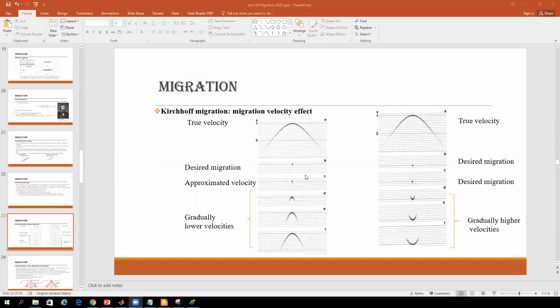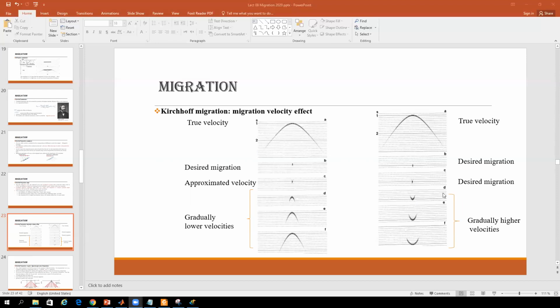And if we have the appropriate velocity or at least an approximated velocity, we will have a point, because all the amplitudes which are distributed over this hyperbola curve will be summed all to one point. If we have a velocity which is larger than the correct velocity, then we will have curving up or smiles. Sometimes we call them migration smiles.